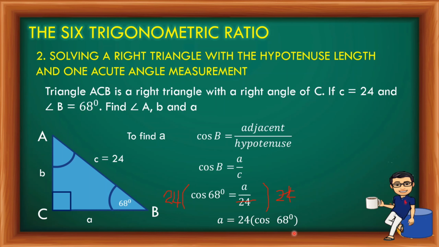Gamit ang scientific calculator, hanapin ang value ng cosine 68 degrees. Ito yung mangyayari, 0.3746. So, kinopya yung A, copy 24, multiply it by this, at ang result is 8.99. So, ang sukat ng side A ay 8.99. So, natapos na natin ang dalawang kondisyon.